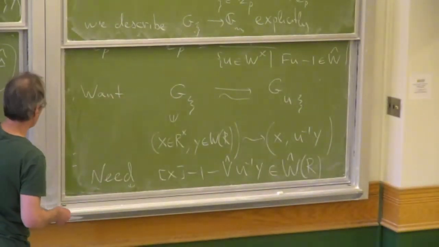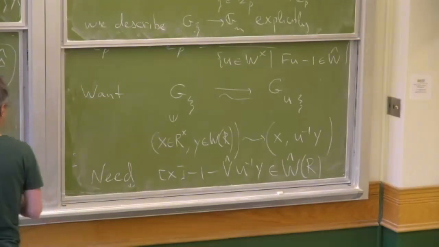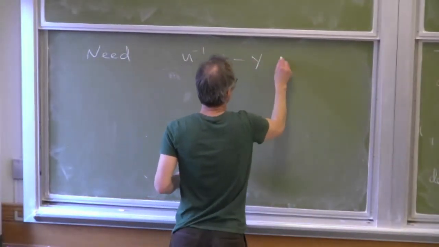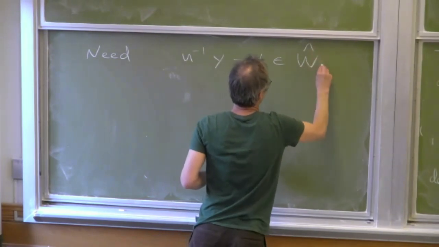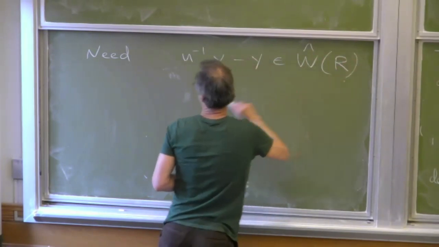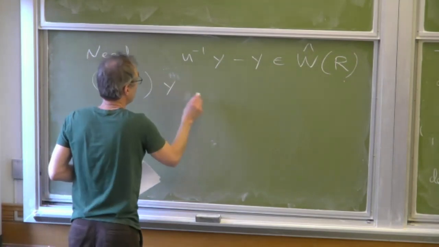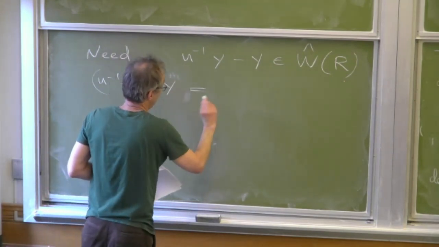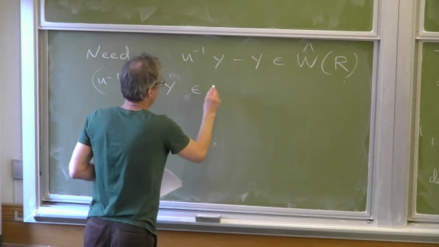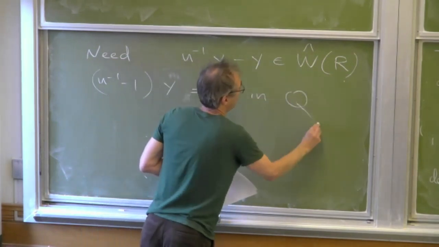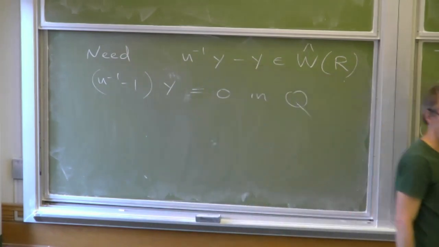That's equivalent to saying that U inverse Y minus Y is in W hat. So it's 0. That's it.